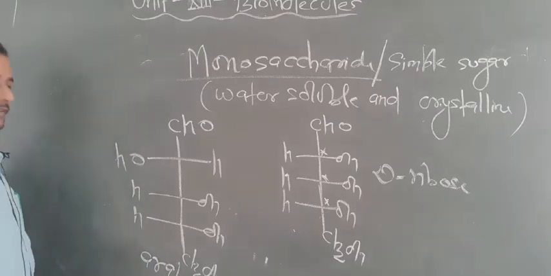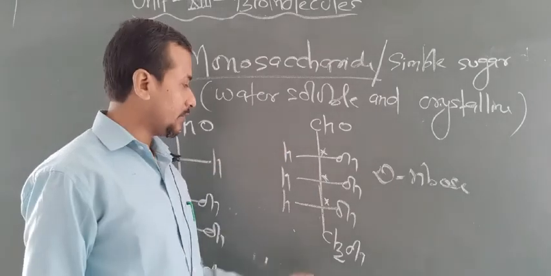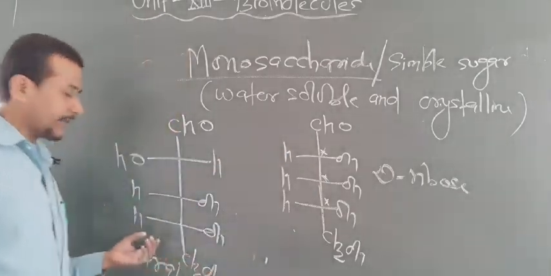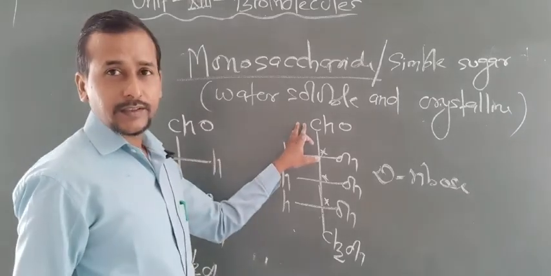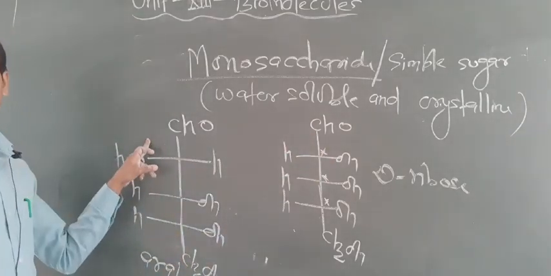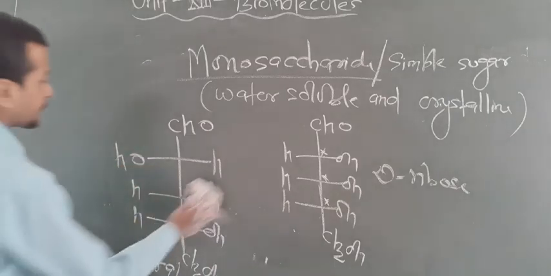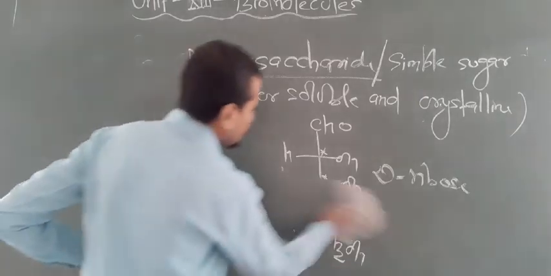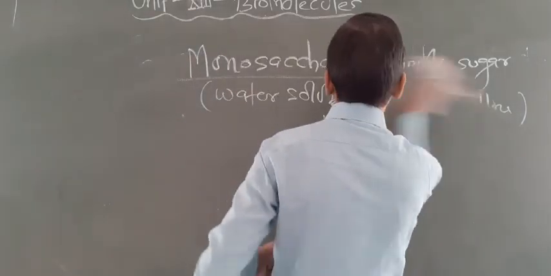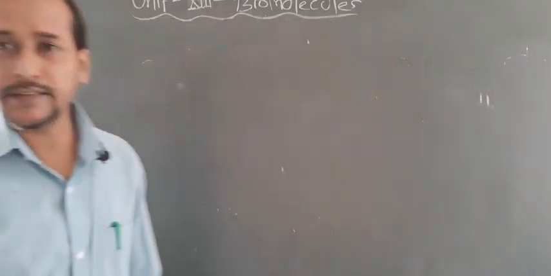This is a 5-carbon containing sugar, so it is known as pentose. Aldehyde groups are present, that's why you can write aldopentose. So this type of question may be raised about aldopentose and aldohexose, aldotriose. You just have to look at the group containing aldehyde or ketone.